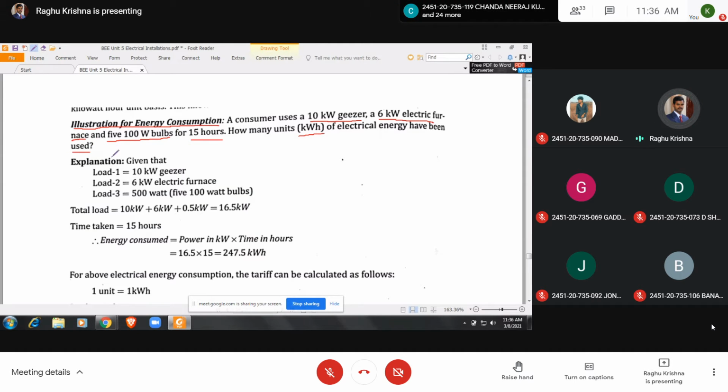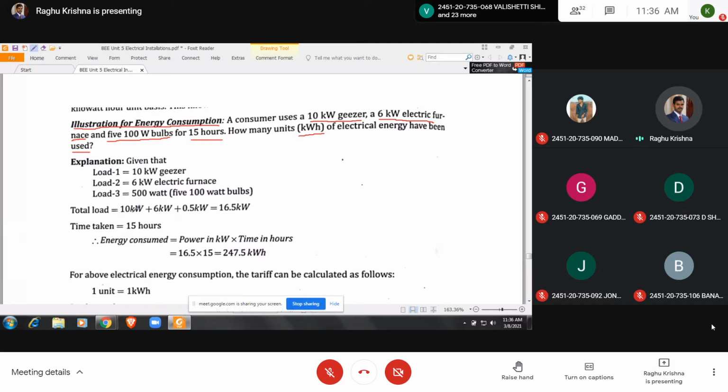So let us do the calculations. We have the 10 kilowatt geyser, 6 kilowatt electric furnace, and 500 watt bulbs. Load 1 consumes 10 kilowatt power, load 2 consumes 6 kilowatt power, and load 3, the bulbs, consumes 500 watt.